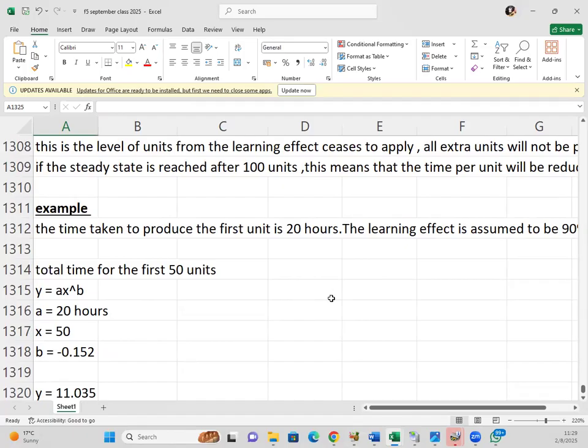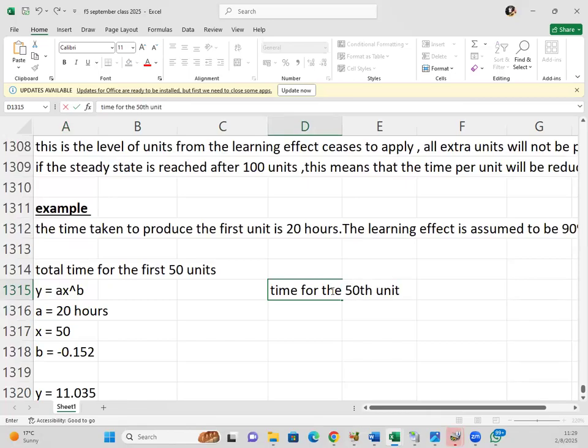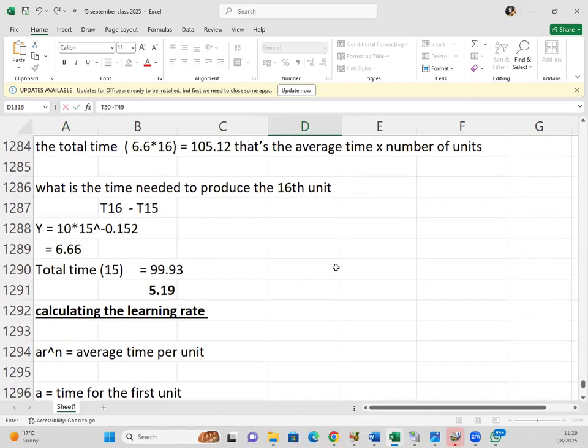So we need the time needed to produce the last unit, the time for the 50th unit. To get the time for the 50th unit, you say T50 minus T49, the time for the 50th unit minus the time for the 49th.